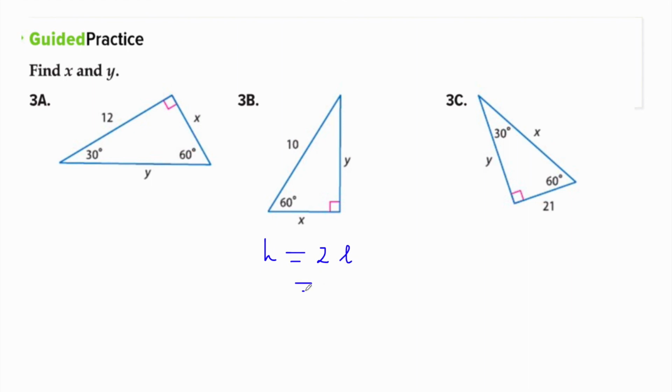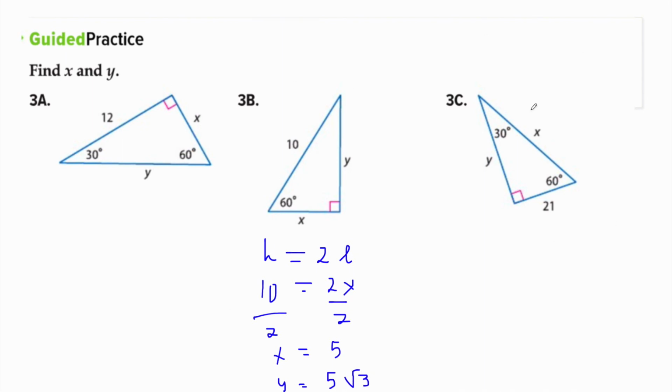So this is 10, 2 multiplied by x. We divide by 2, we divide by 2. X is equal to 5. And y is just L root 3. So y is equal to 5 root 3. So I found x and y.